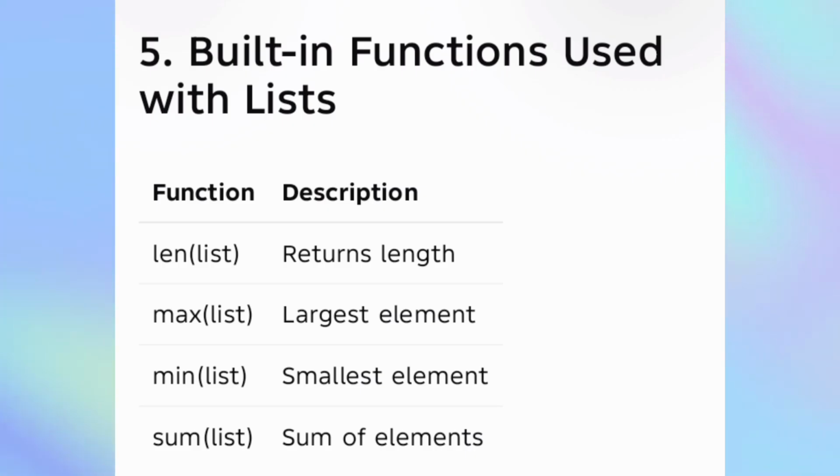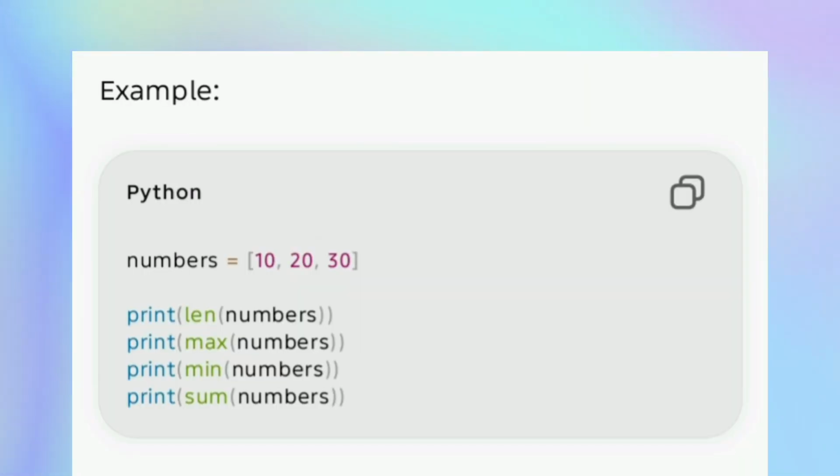These are built-in functions used with lists, with their descriptions. len(list) returns the length, max(list) the largest element, min(list) the smallest element, sum(list) the sum of the elements. Example code: numbers = [10, 20, 30].